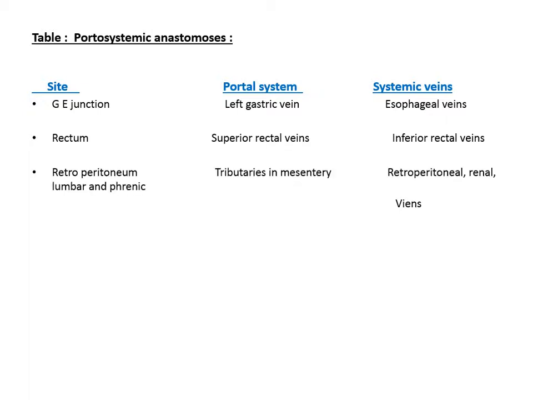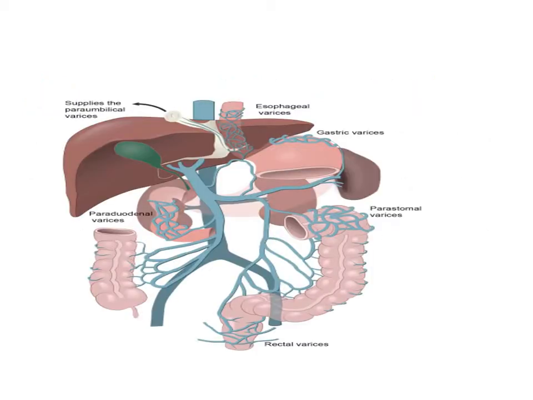From the retroperitoneum, lumbar and phrenic area, tributaries in the mesentery, retroperitoneal and renal veins. From the umbilicus, para-umbilical veins with the ligamentum teres, and from the systemic veins of the abdominal wall. So we have four major sites of collaterals.